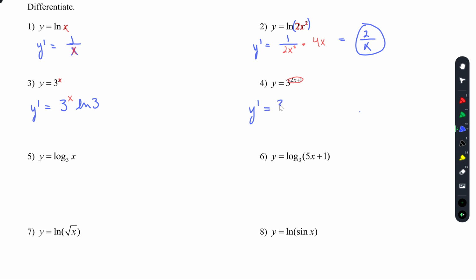So it's going to be 3 to all the junk up there, 2x plus 1, natural log 3. But then, because the exponent's all fancy, you've got to multiply by a 2. I'm going to put this in parentheses so we don't do anything sass like natural log 6. You know what I'm saying?